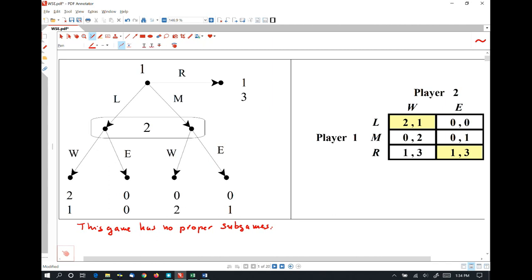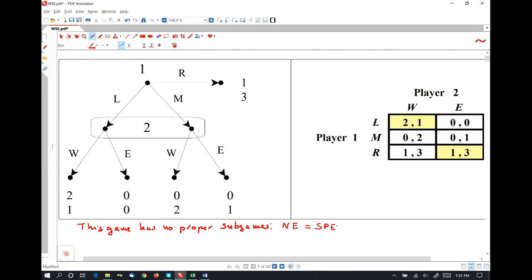Of course, if there are no proper subgames, then the restriction becomes vacuous. And in this kind of game, where there are no proper subgames, the set of Nash equilibria coincides with the set of subgame perfect equilibria. So finding a subgame perfect equilibrium for this game is the same thing as finding a Nash equilibrium.